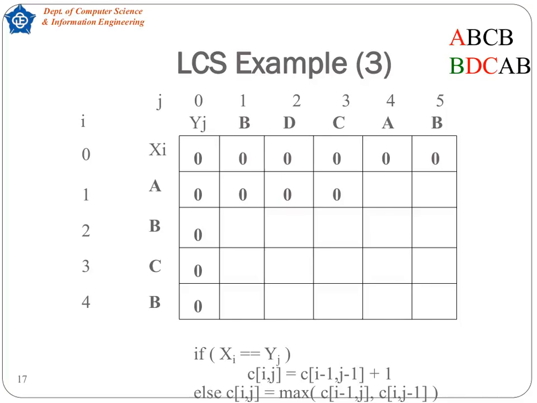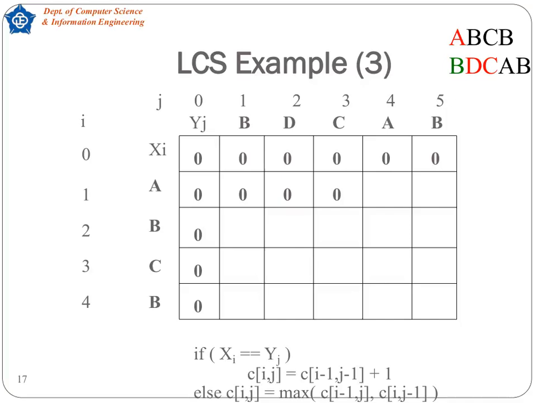Building on our earlier work, this slide shows the dynamic programming table we'll use to find the longest common subsequence of x equals ABCB down the side and y equals BDCAB across the top. We start by initializing every cell in row 0 and column 0 to 0, since an empty prefix has no common subsequence. From there, each entry C[i,j] is filled in row major order according to the recurrence.